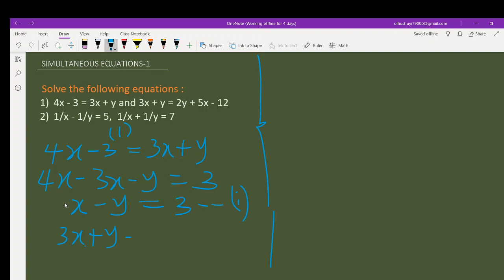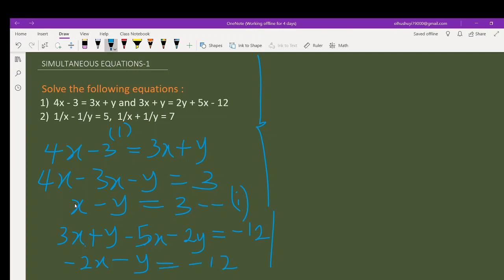Directly, you have minus 5x, then minus 2y, everything is equal to minus 12. So what do you have? 3x minus 5x, that is minus 2x. Then y minus 2y, that's minus y. Everything is equal to minus 12.